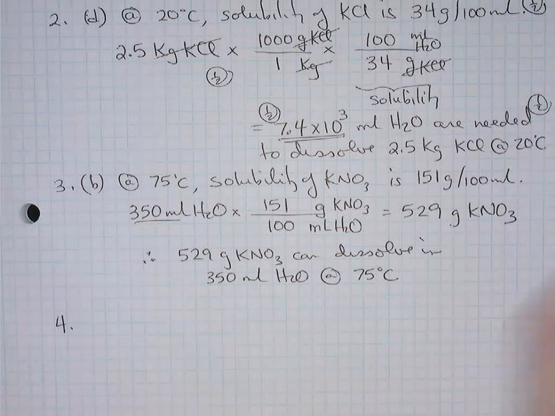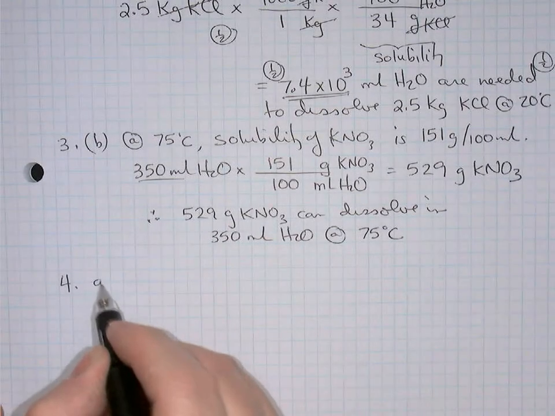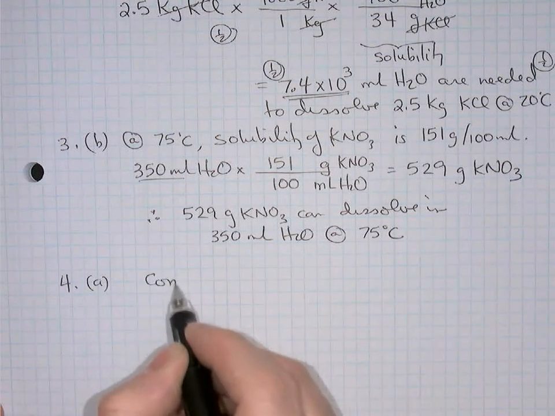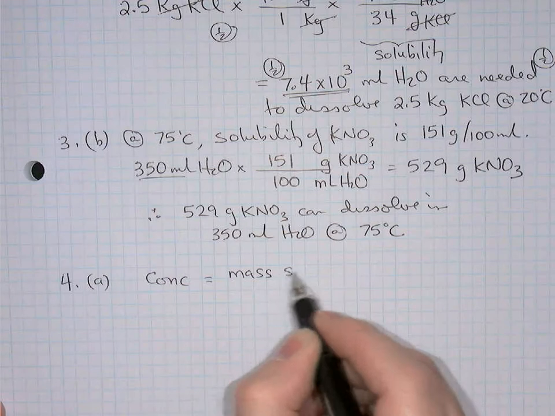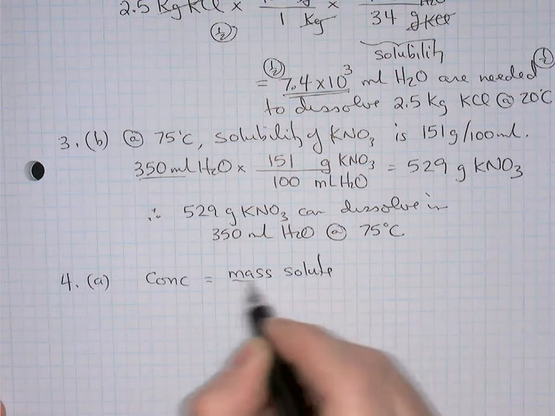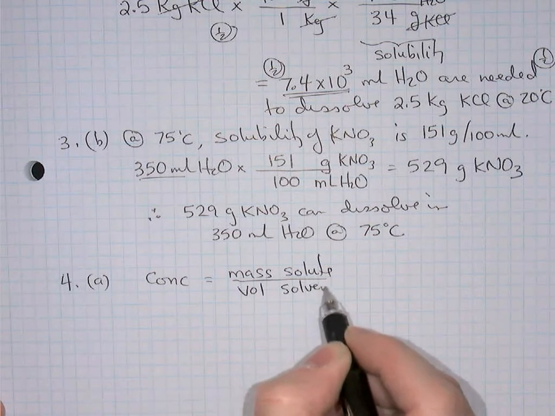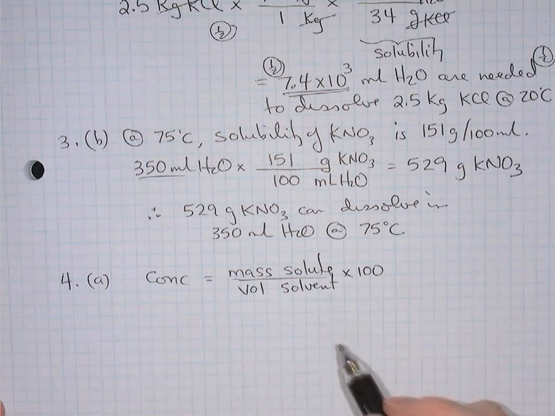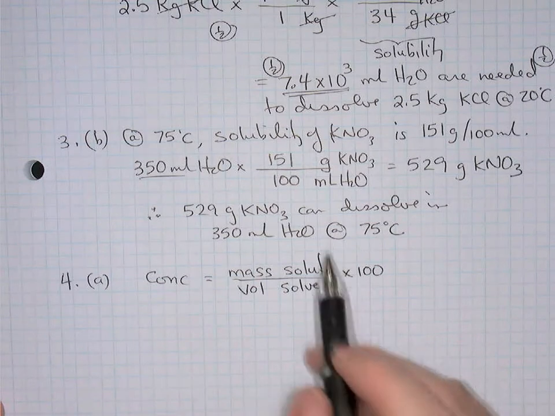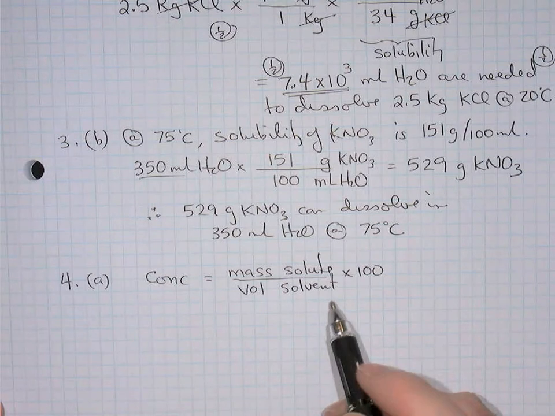We had a formula for concentration and a certain way that we express concentration in this course. So concentration for us was mass of the solute divided by volume of the solvent times 100. So in this case, the solute is the salt, the sodium nitrate. The solvent is the water.